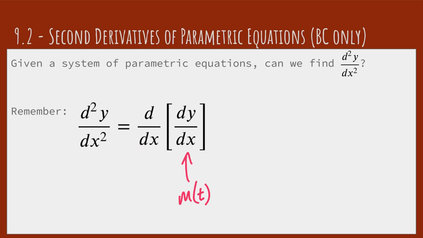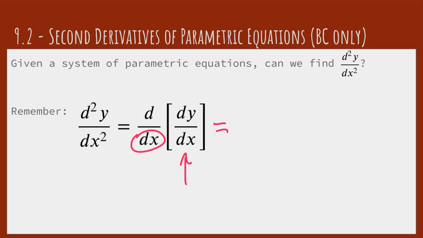So if we want to take the derivative of that, we have to take the derivative with respect to t. But I want to take the derivative with respect to x. So this is not totally intuitive, but we're going to have to account for the fact that we're taking the derivative of this with respect to t instead of with respect to x. And this is starting to sound a little bit like using the chain rule. So that's actually exactly what we're going to do here.